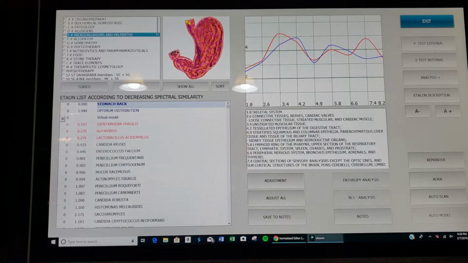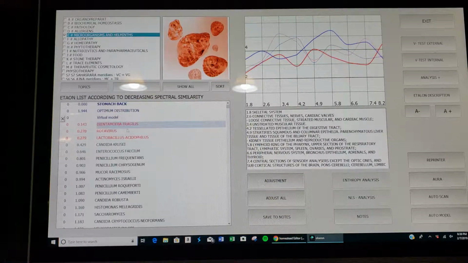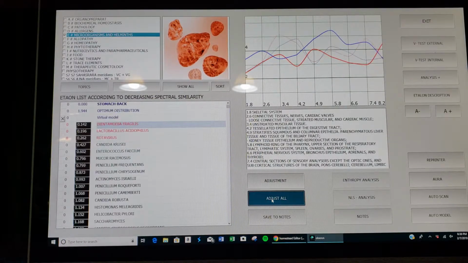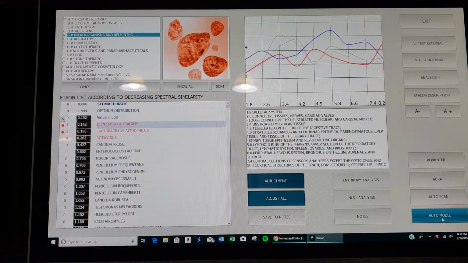And we can go here and click on microorganisms, and here the result is there are pathogens that are affecting our stomach. And we can do a scan and confirm whether this particular pathogen is affecting us in a high manner or maybe just a little.